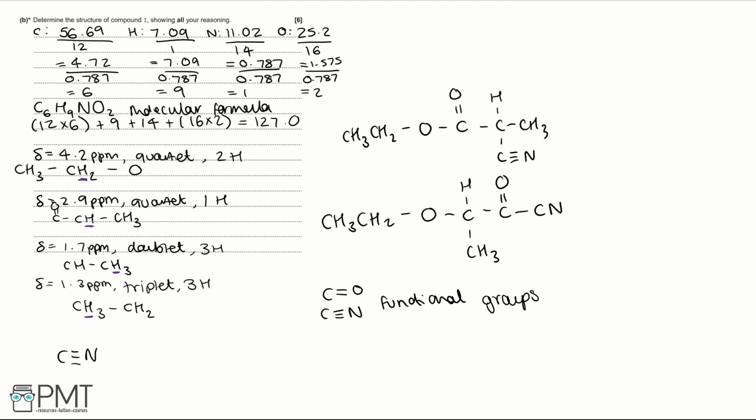So the carbonyl and the nitrile functional groups, and also making sure that your proton environments are correct and they match up with the spectra. Also, you need to have most of the data analysed. So that works out because we don't have the IR spectrum, so we haven't been able to analyse the IR spectrum, but we have analysed every other bit of data, so that's most of the data analysed.